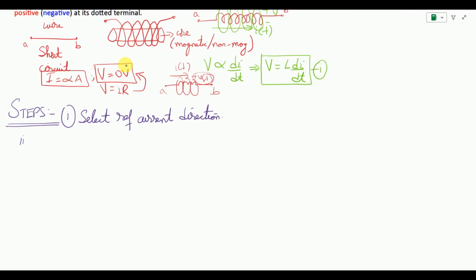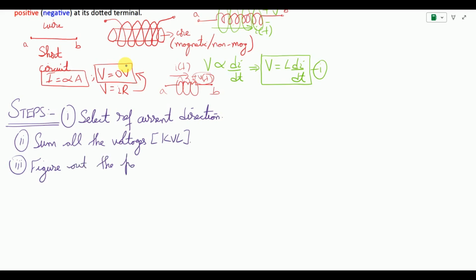The second step is that we need to sum all the voltages inside these two loops, which means we have to apply Kirchhoff's voltage law. And the third one is that we need to figure out the polarities, or the addition and subtraction sign, for the mutual inductance M in the equation.